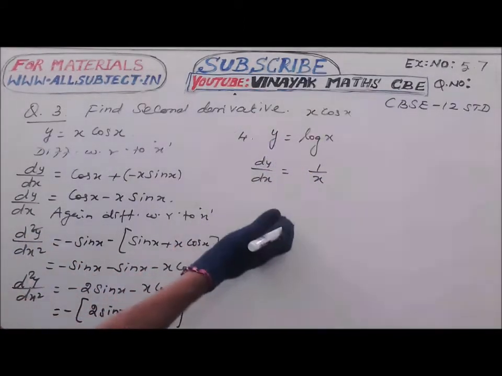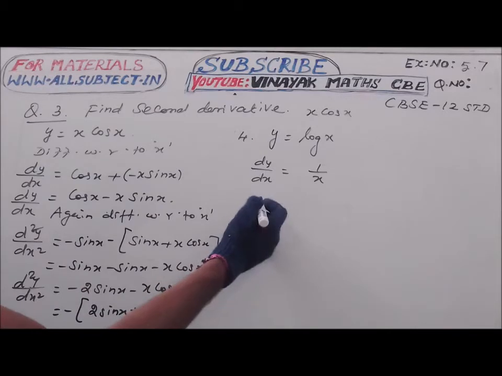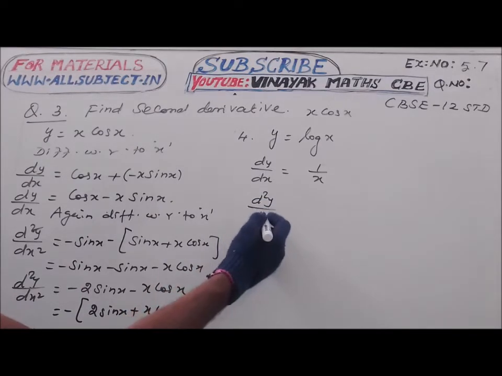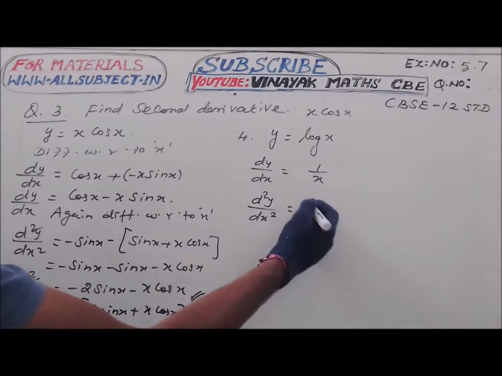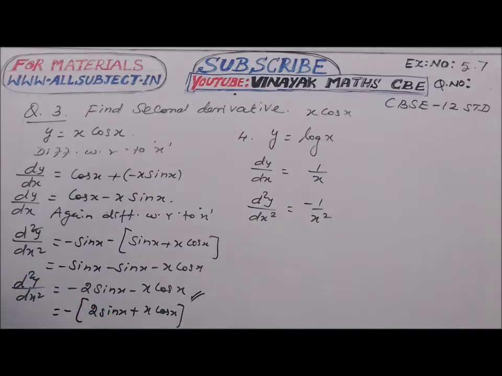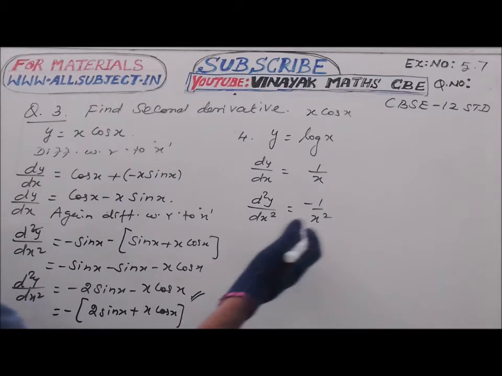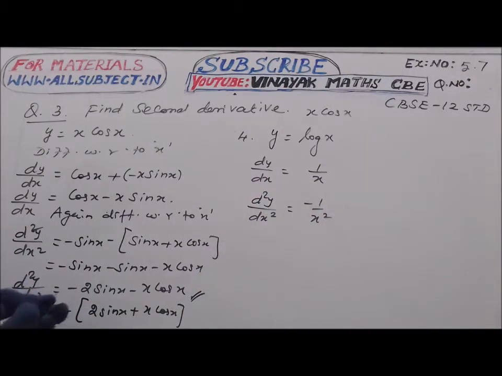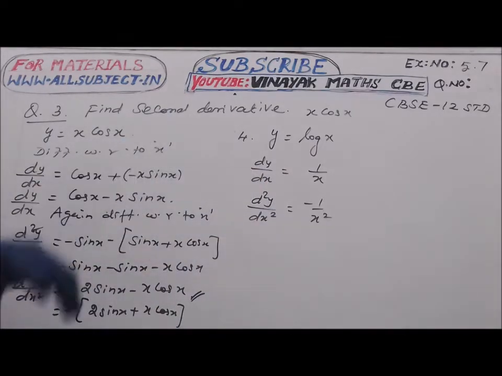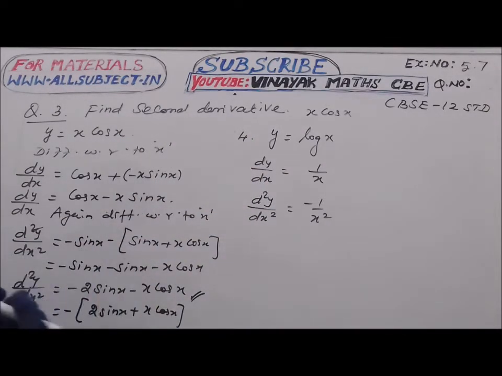Then again differentiating with respect to x, d square y by dx square is equal to the derivative of 1 by x, which is minus 1 by x square. Or we can use the 1 by x power n formula. Anyway, you should know that the derivative of 1 by x is minus 1 by x square, that is better to apply. So that's all, we have completed the second derivative value.